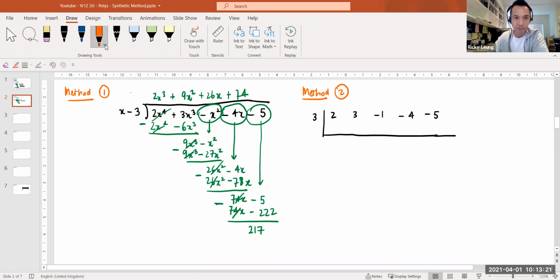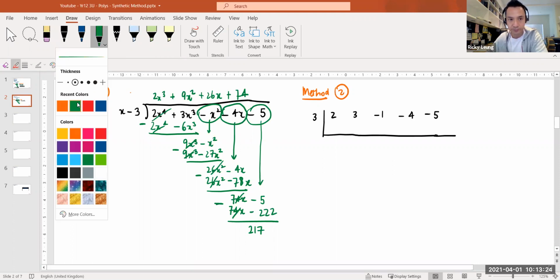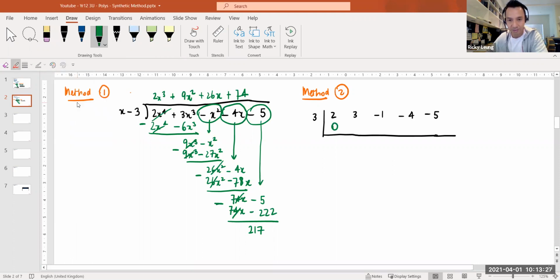And then remember, start with a 0. And I'm going to add times, right? So add 2 times 6, add 9 times 27, add 26 times 78, add 74 times 222, add 217, done. 2, 9, 26, 74, boom. 217, boom.